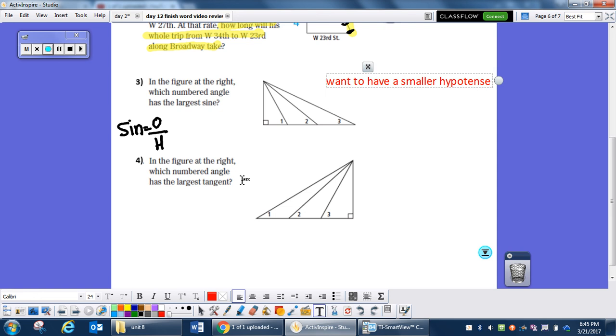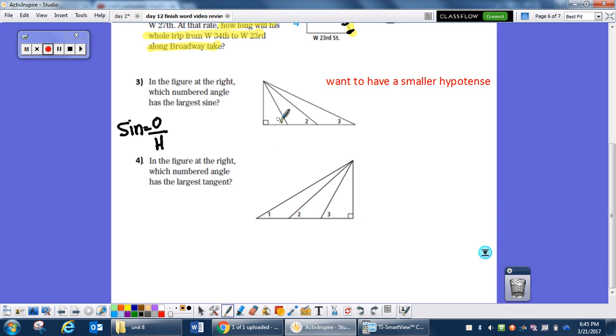So all these angles we are using, here's an angle, here's an angle, and here's an angle. They're all using this side as their opposite, so I would just maybe make that your opposite side.